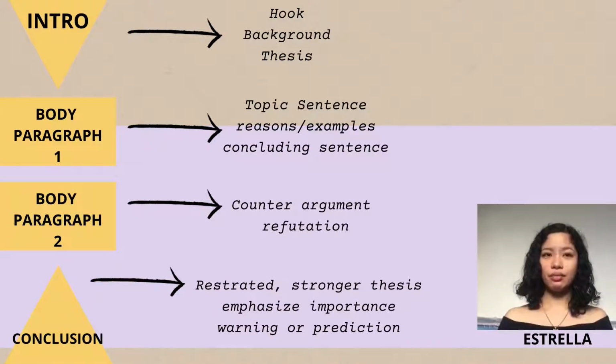The next paragraph, body paragraph 1, is where you have all your reasons and examples to support your argument. You have a topic sentence first and a concluding sentence last, with all of the evidence for those reasons and examples in the middle. Next, you have body paragraph number 2, and this is where the argumentative essay is special.